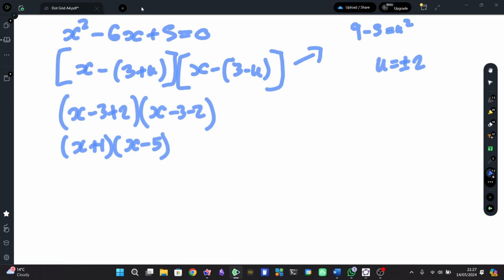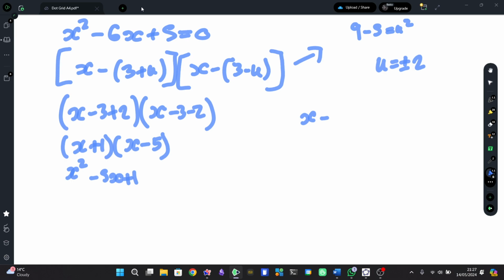No. x squared minus 5x. It'd be minus 4x. I made a mistake somewhere, and it was really stupid. Where is it? There should be x minus 6, x minus 7. No. I made a mistake with the way I wrote it.